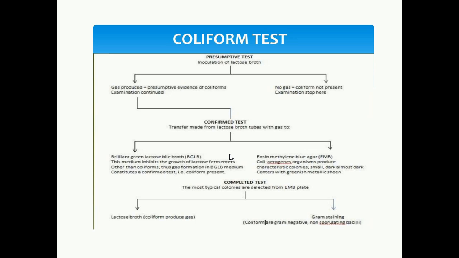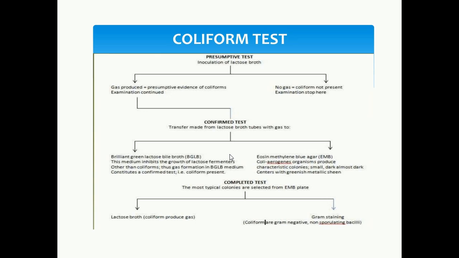In this test, transfer is made from the lactose broth tube with gas to brilliant green lactose bile broth. This medium inhibits the growth of lactose fermenters other than coliforms. Thus, gas formation in BGLB medium constitutes a confirmed test, that is coliform present.